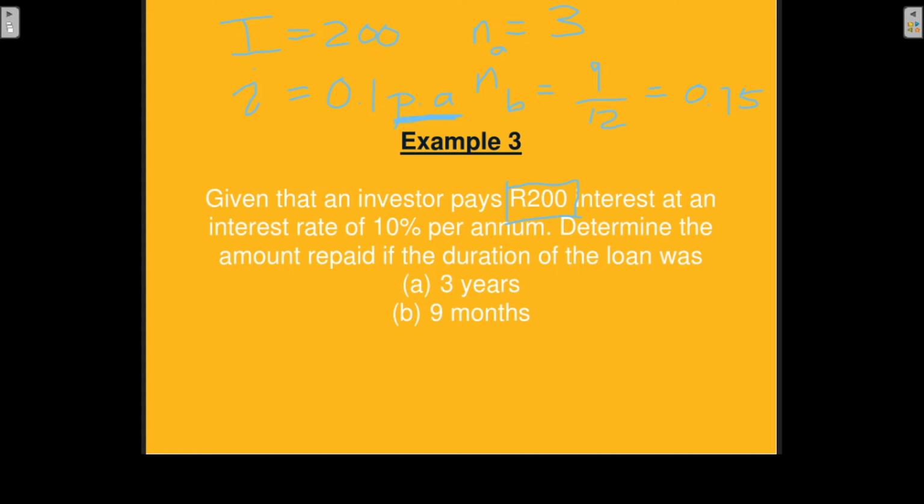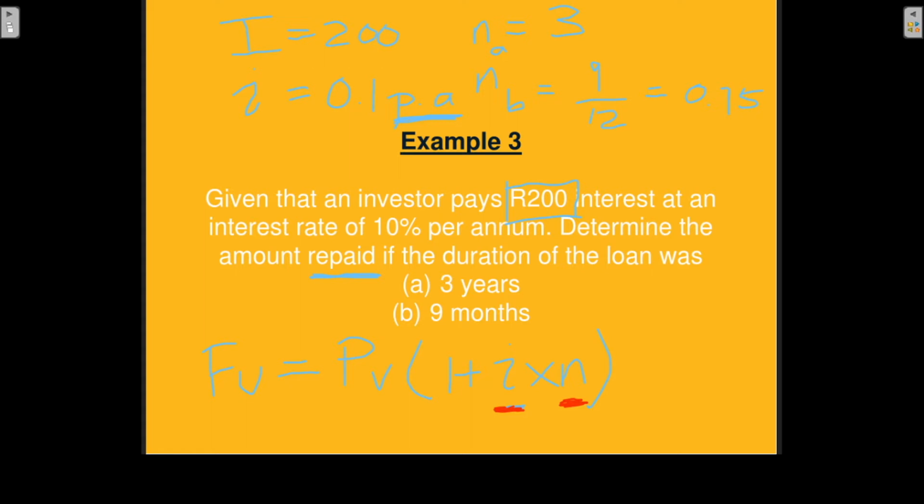Okay, so if we look at our basic formula, the future value, and that is what we are trying to calculate here, determine the amount to be repaid. So we are looking at the future value. That is equal to our basic formula, the present value times (1 plus the interest rate times n). We have the interest rate. We have the n, the number of interest periods.